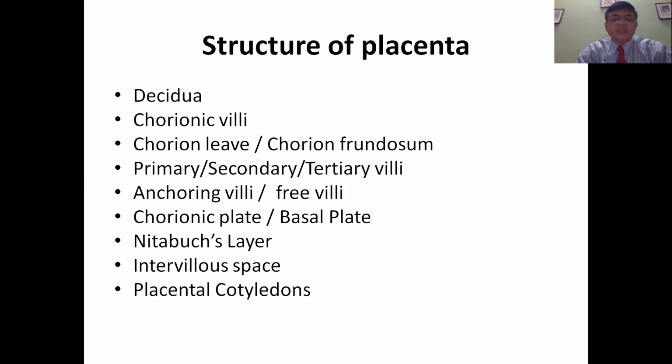What are primary, secondary, and tertiary villi? What are anchoring villi and free villi? What is meant by chorionic plate and basal plate? What is Nitabuch layer? What is intervillous space? And what are placental cotyledons? Don't worry, we'll discuss each one by one because all these factors contribute to the formation of placenta.